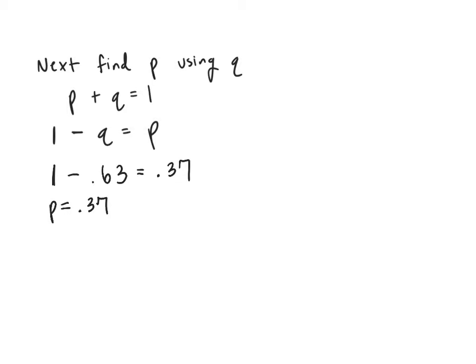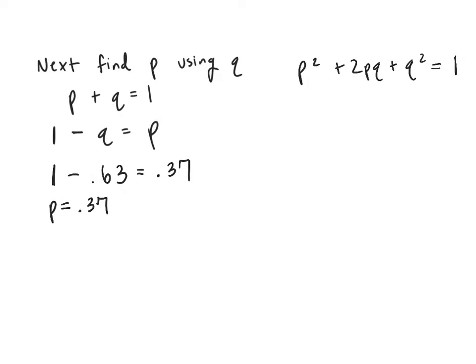If I asked you, well, what's the percentage of the homozygous dominant population? What you would do is use the P squared from this formula, and that never changes. P squared is always equal to the homozygous dominant population. So like, what percent are homozygous dominant? Well, at this point, if you found Q and you found P, you can do anything.